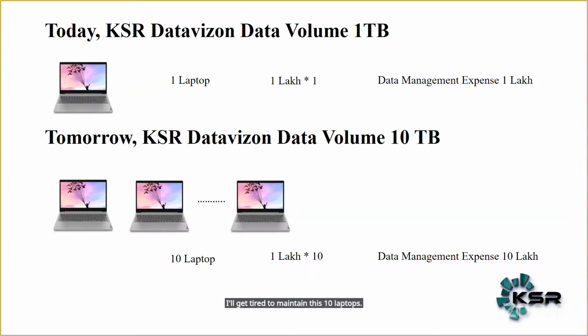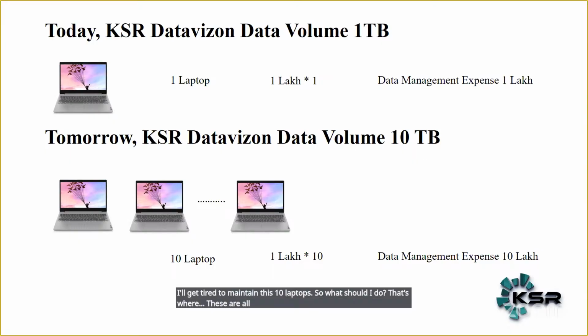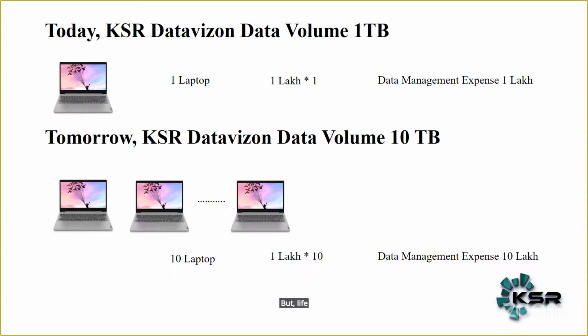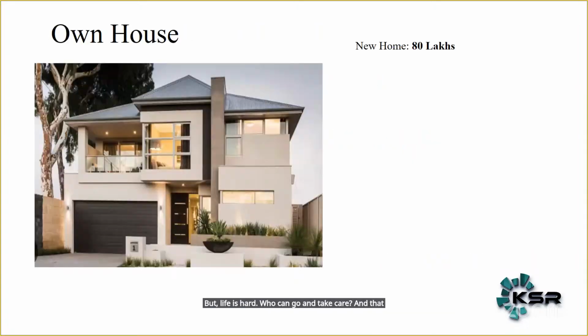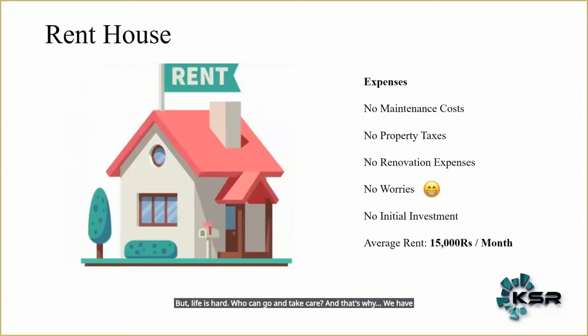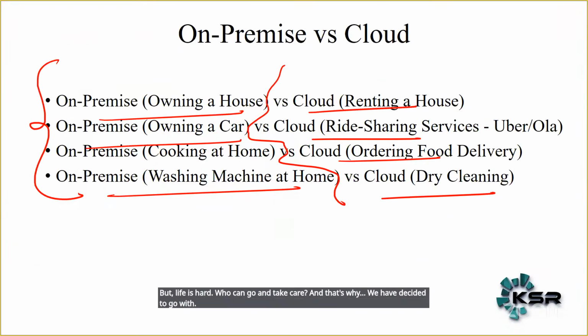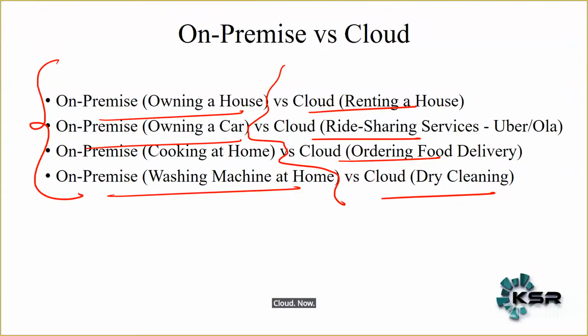So what should I do? These are all on-prem examples. You are buying for yourself, for your project, for your system, spending money for this. But life is hard, who can go and take care? That's why we have decided to go with cloud. Now, what is cloud? Cloud is someone who is going to provide you a service.